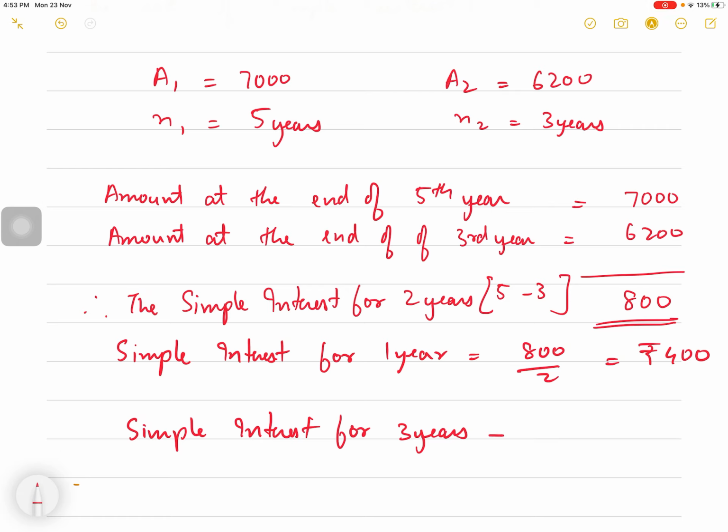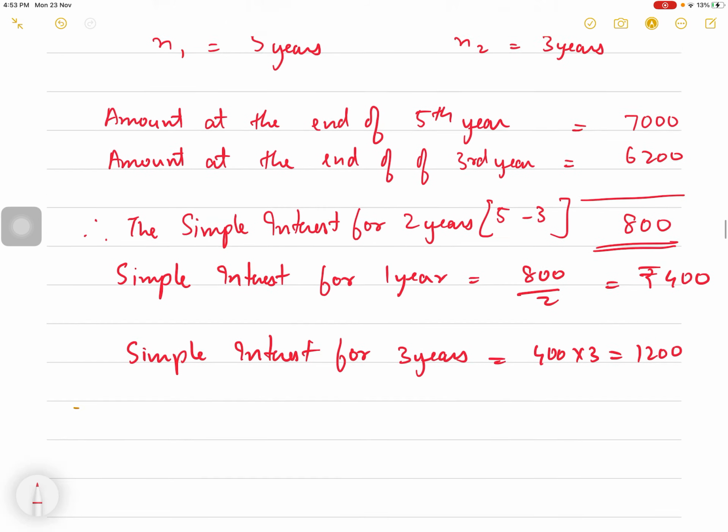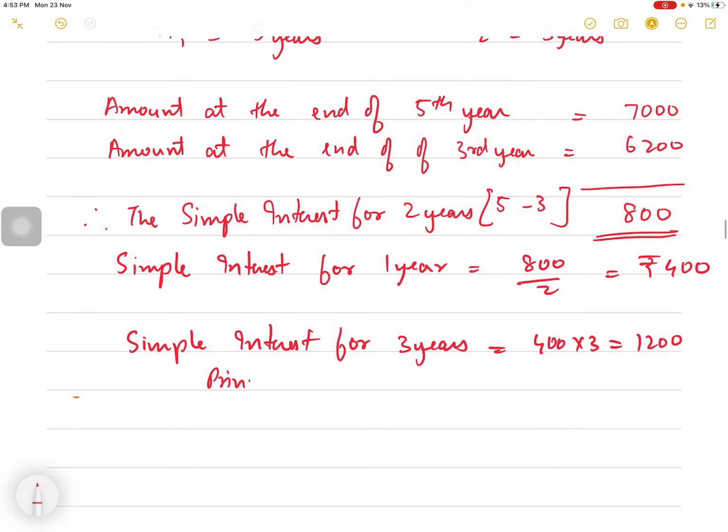I am taking simple interest for 3 years, which will be 400 into 3, which is 1200.